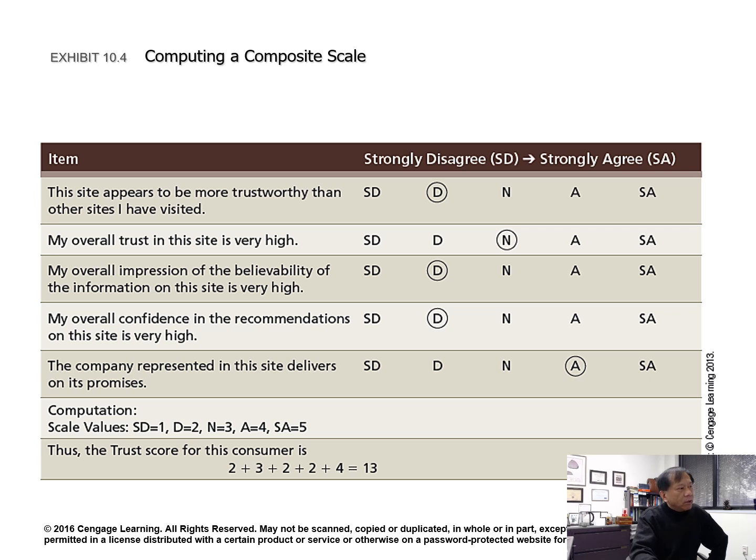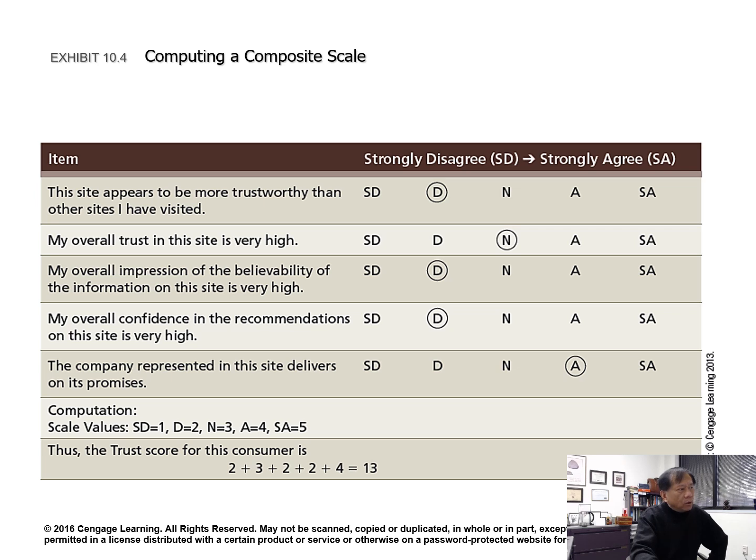My overall impression of the believability of the information on this site is very high: he chose D again. My overall confidence in the recommendation of the site is very high: D again. The company represented in this site delivers on its promises: he answered A. To compute the scale values, SD is 1, D is 2, N is 3, A is 4, and SA is 5.